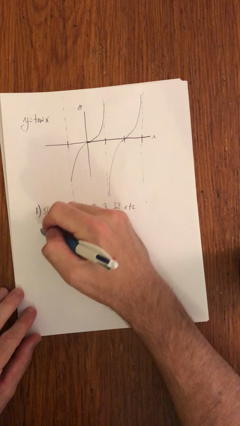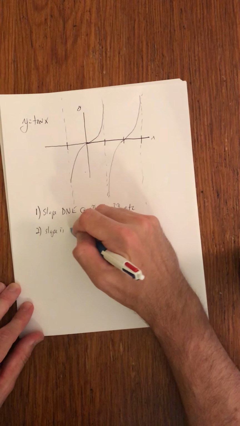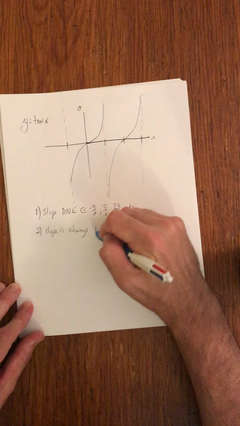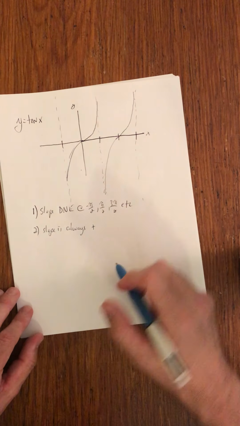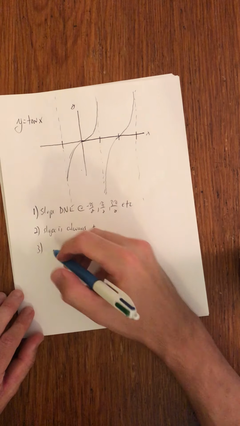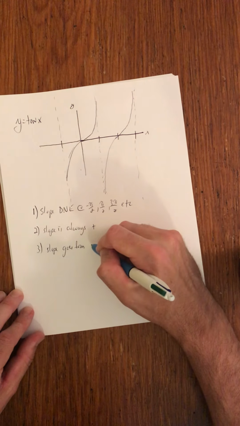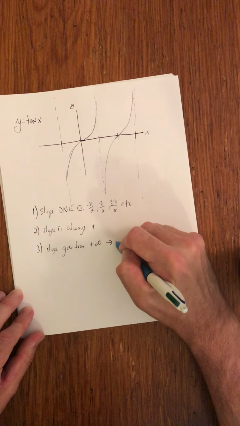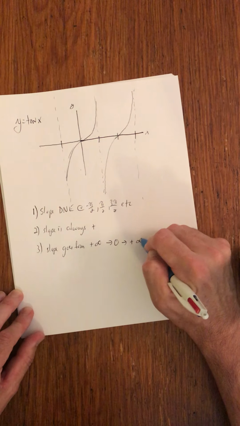So whatever the periodicity of the tangent function is going to be the periodicity of the function that is its derivative. The second thing I want you to notice here is that the slope is always positive, right? No matter what. And what that slope is doing here is that slope goes from positive infinity down to 0, back to positive infinity, right?